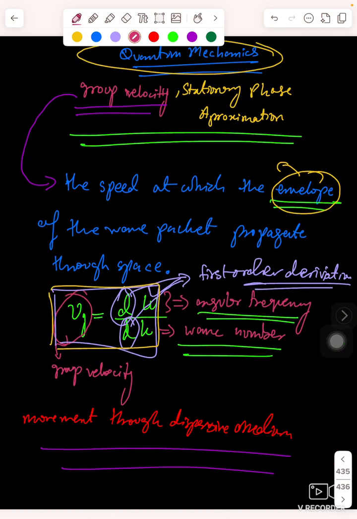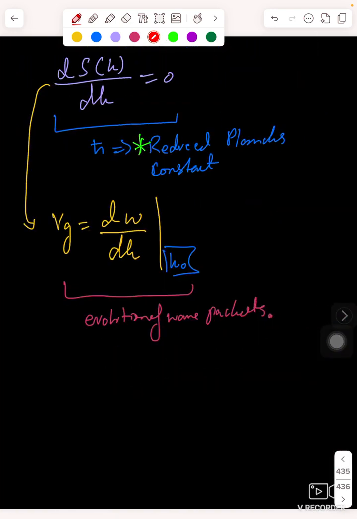First of all, we talked about the envelope, or the change in curve of the wave packet propagating through space. Then we talked about the evolution of wave packets themselves. Now, how can we connect the stationary phase to group velocity?